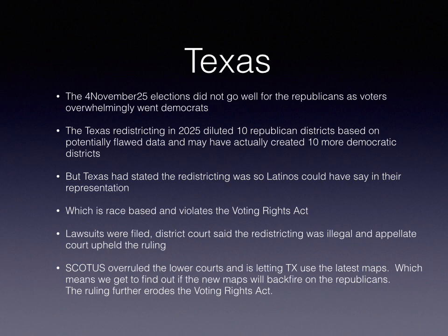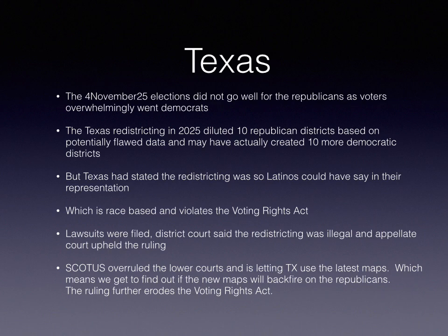The Texas redistricting in 2025 diluted 10 Republican districts based on potentially flawed data and may have actually created 10 more Democratic districts. But Texas had stated the redistricting was so Latinos could have a greater say in their representation, which is race-based and violates the Voting Rights Act.